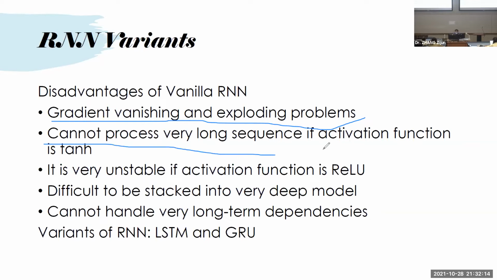It cannot process very long sequences if the activation function is hyperbolic tangent, because the previous memory is quickly lost due to its simple recurrent structure. It is very unstable if the activation function is ReLU, difficult to stack into a very deep model, and cannot handle very long dependencies. There are two very famous variants of recurrent neural networks: one is the long short-term memory, the other is gated recurrent units.